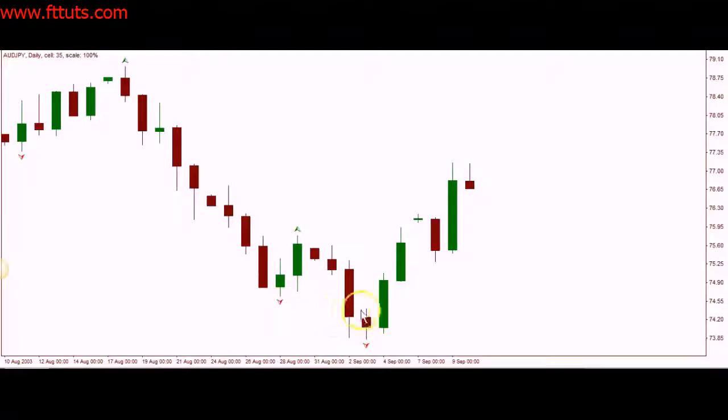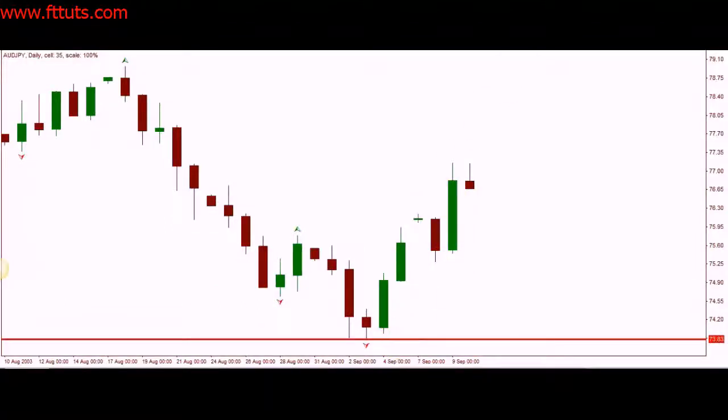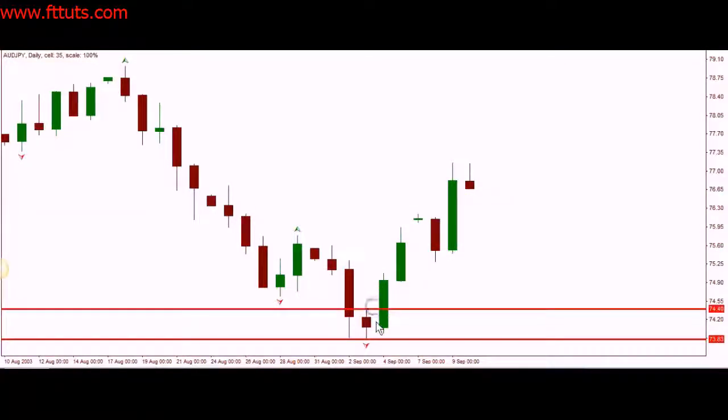But we want to make the zone based off of the low. So we're going to mark this low, and then we're going to mark this high of this candle here. Now if there were any other candles in between, it would still be this zone. So we could have 2 more candles in here, or 3, but we would look for price to come back to this zone. This is our demand zone now.